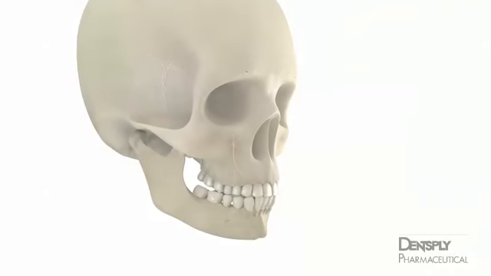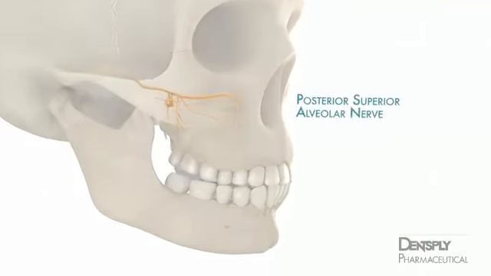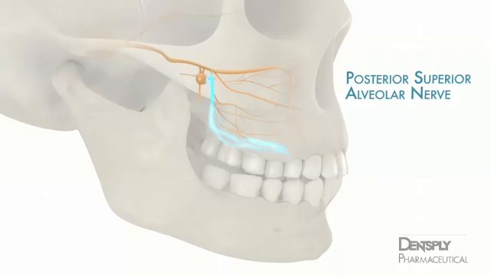The posterior superior alveolar nerve is the last branch to leave the maxillary trunk within the pterygopalatine fossa. Before it enters the maxilla, gingival branches are given off to innervate the buccal soft tissues of the maxillary molar and tuberosity region.